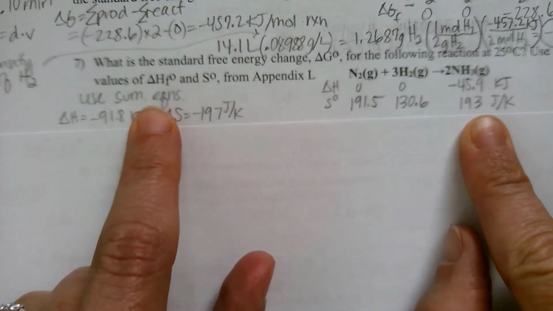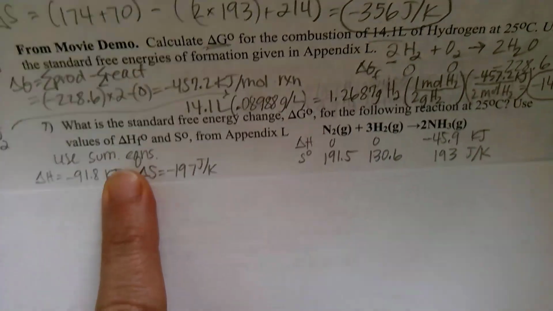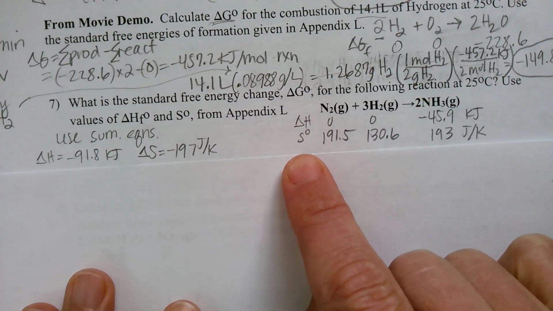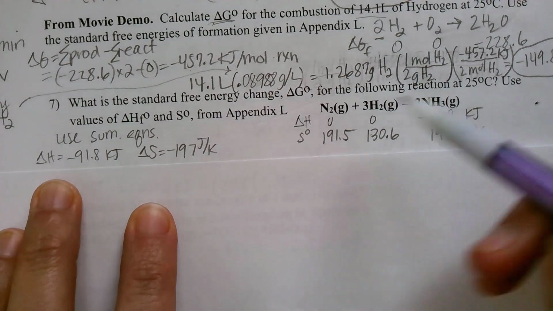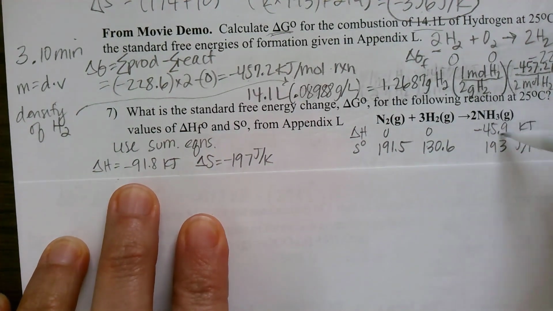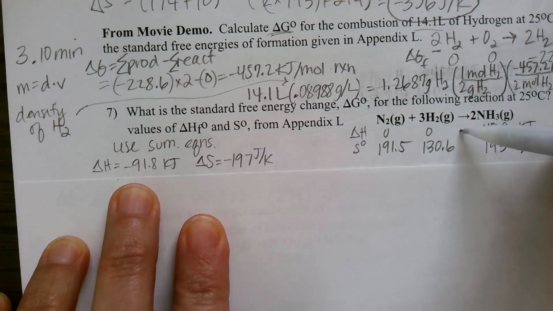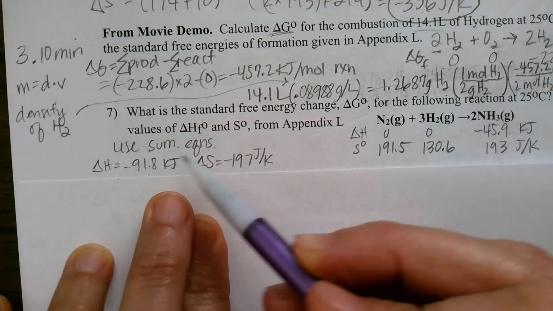Knowing that, I'm going to use the sum equations, taking my sum of products minus reactants for my enthalpy and for my entropy. So, for example, to find my delta H for the reaction, 2 times negative 45.9 minus, obviously, 0 and 0 is going to give me negative 91.8.